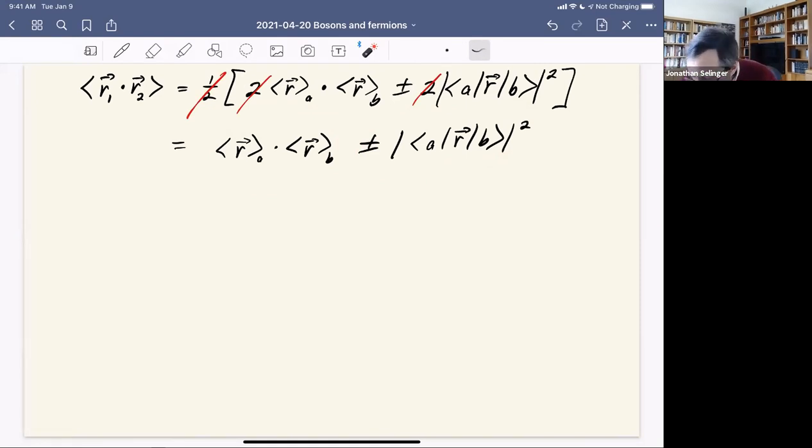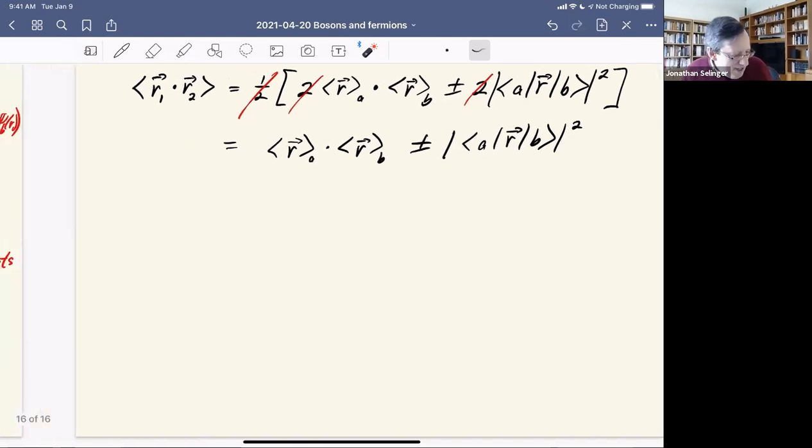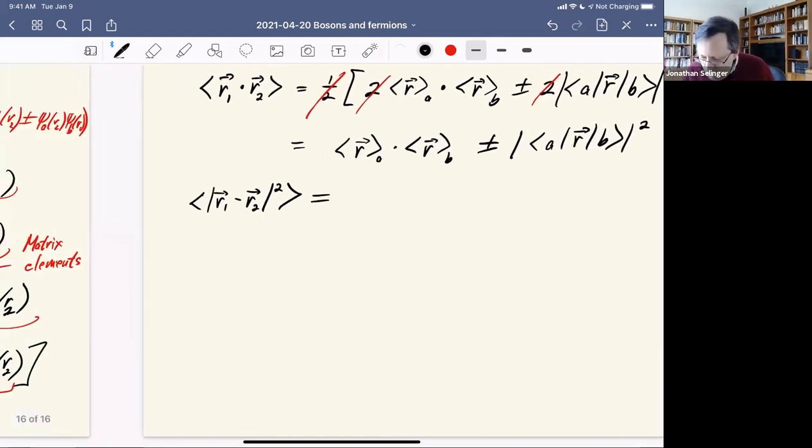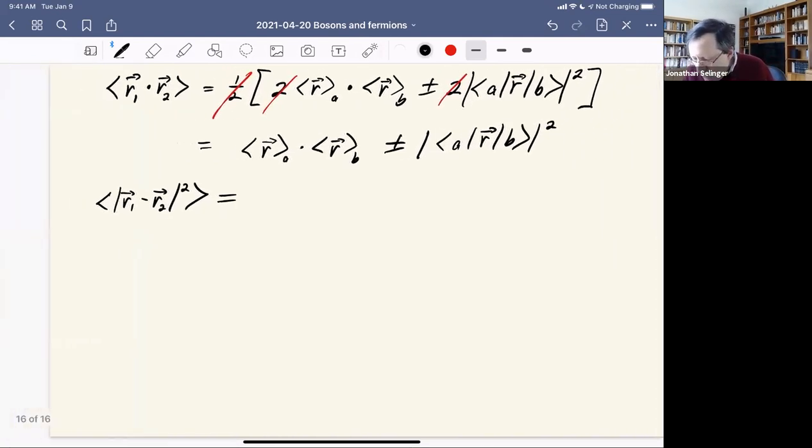So if we go to figure out the thing we're really trying to calculate, the thing that we're really trying to calculate is the average of R1 minus R2 squared. So that is the average of R1 squared plus the average of R2 squared.